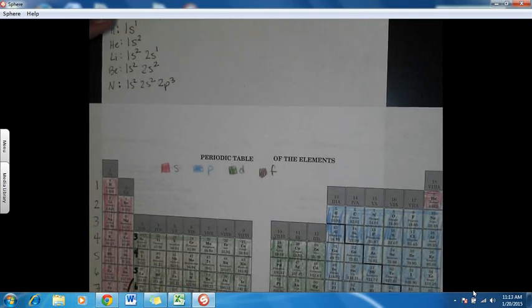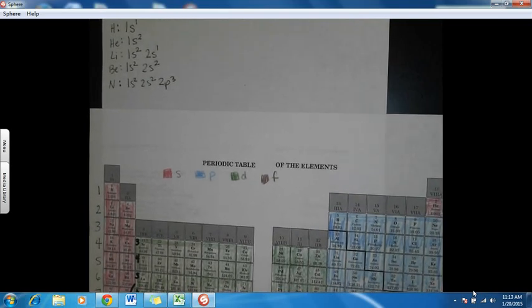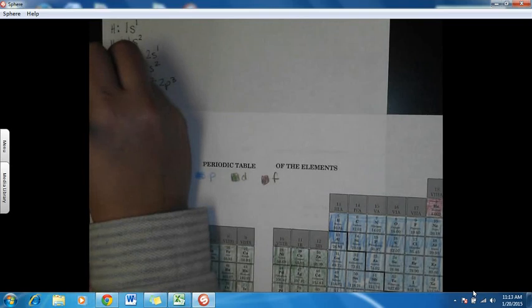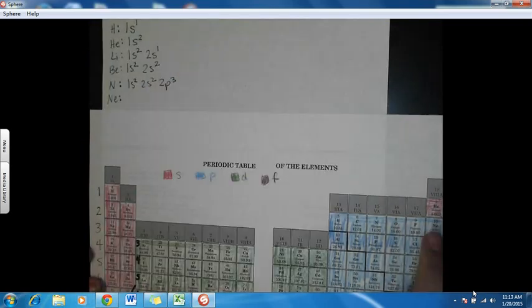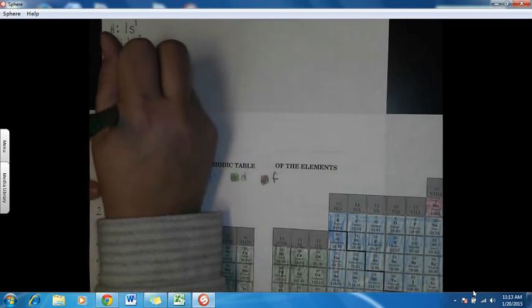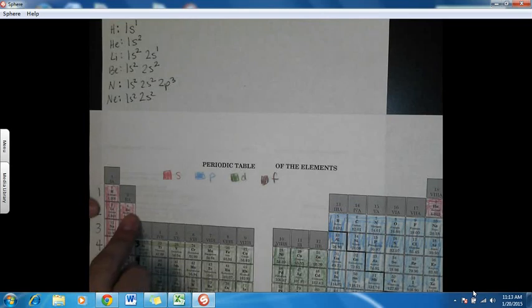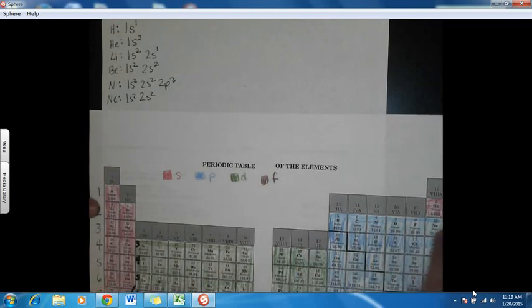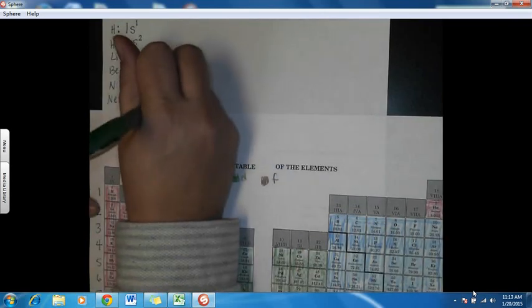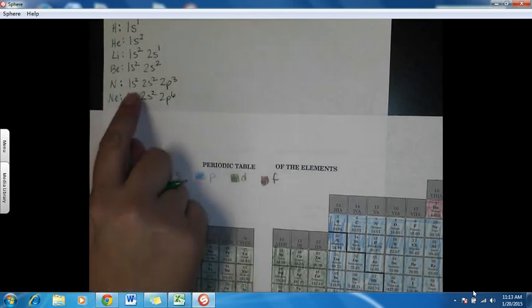Alright, next, let's do neon. Neon's over here. So again, we start at the beginning, 1s2, then we have 2s2, then we have 2p, and neon is the 6th one, so it'll be 2p6. And again, if you count your superscripts, they'll equal 10. Okay, let's skip down.